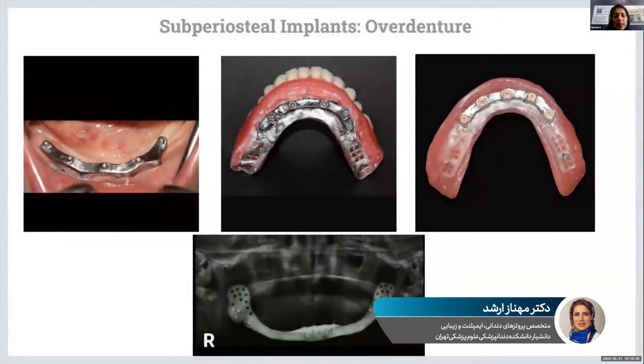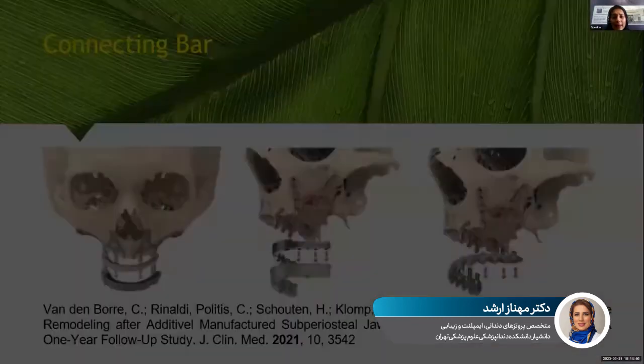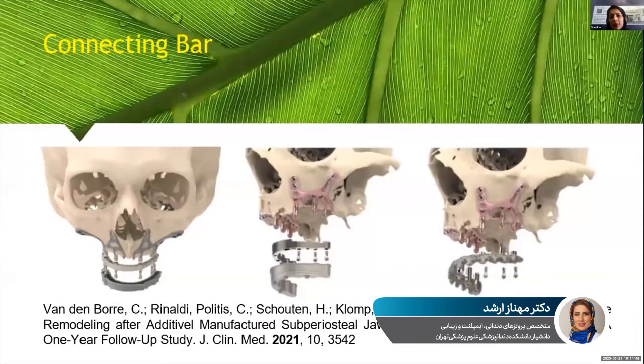And you see it's a kind of overdenture that we made for her, but the retention of the ball after 3 years is the problem for us, because some balls are worn, so the cap is not suitable for that. Because of that, I don't like the ball type of the subperiostal implants so much.